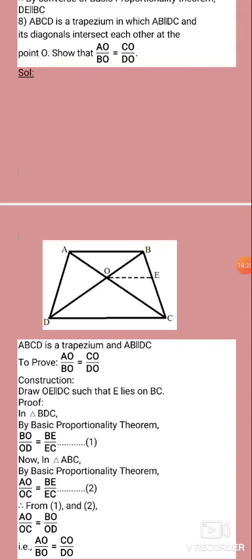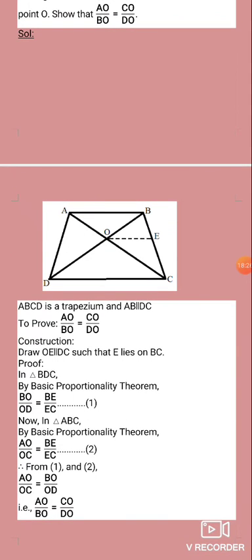From equation number 1 and 2, BE by EC is the same. So we can equate what? BO by OD is equal to AO by OC. Another way also we can write the ratio: AO by OB is equal to CO by OD. That's it.